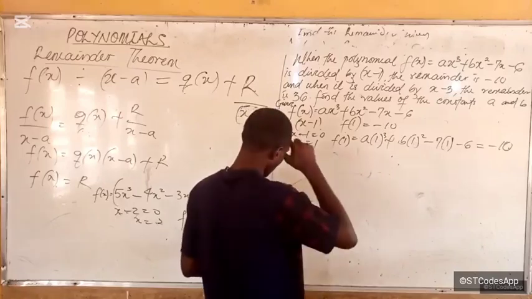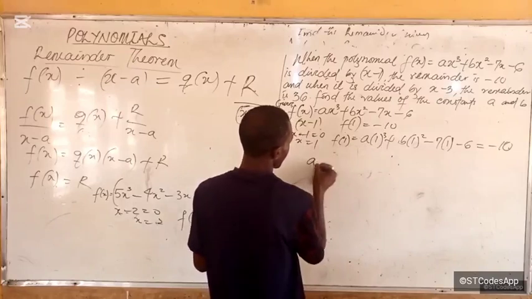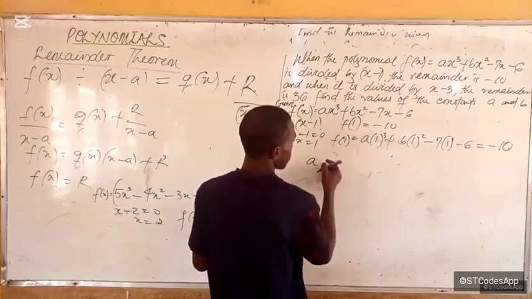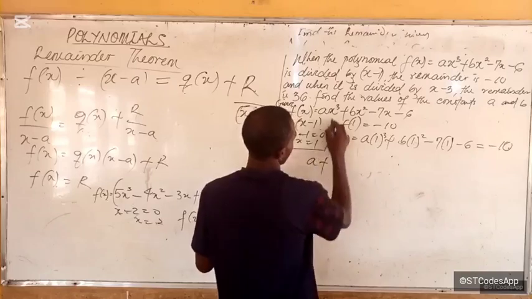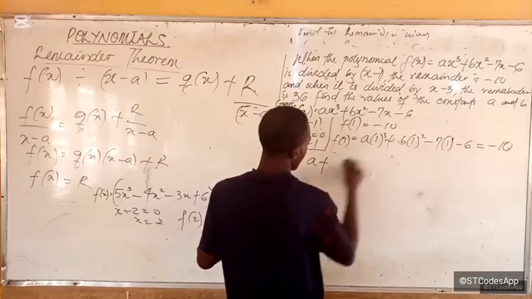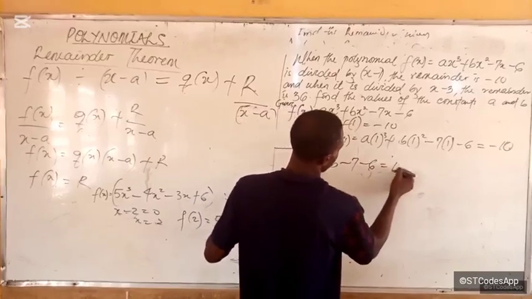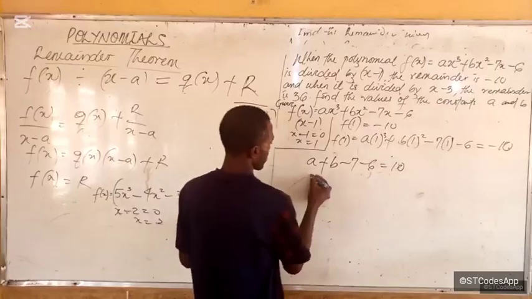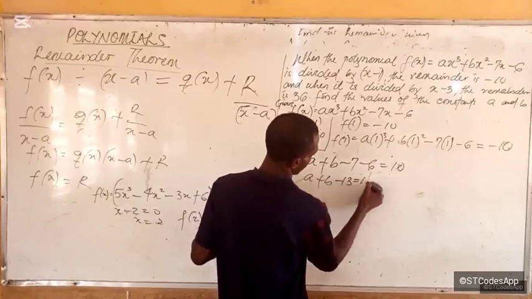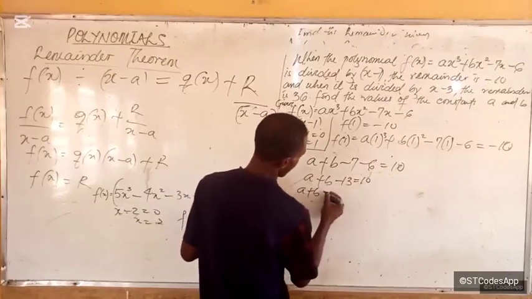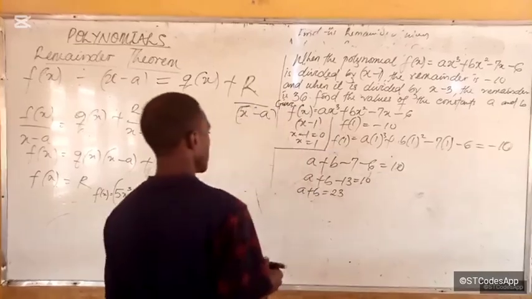All right, so with that, we have a times 1 cube, which is 1, a times 1 is a, plus b minus 7 minus 6 is equal to minus 10. So here we have a plus b minus 13 is equal to minus 10, so that a plus b is equal to, this goes there, that becomes a plus b is 3.